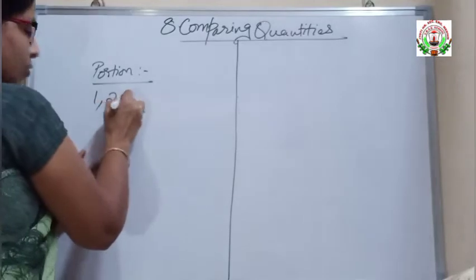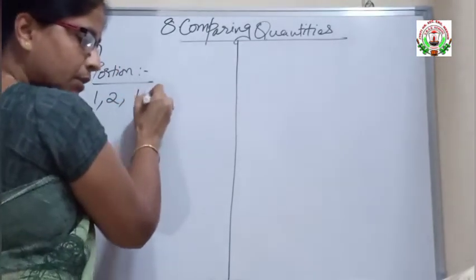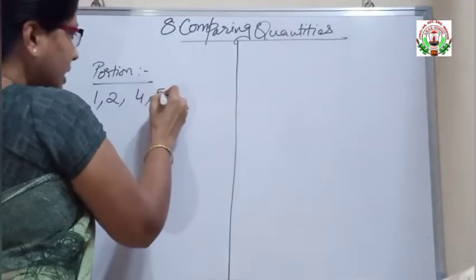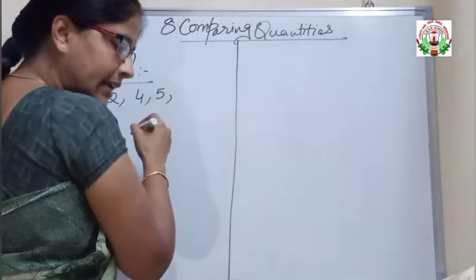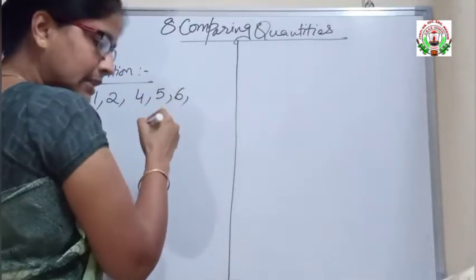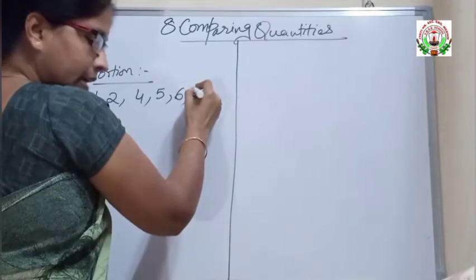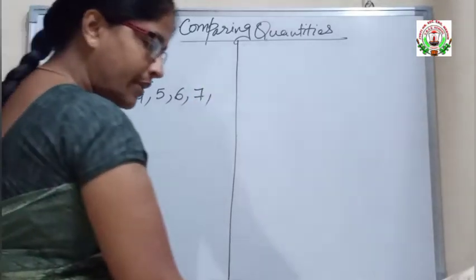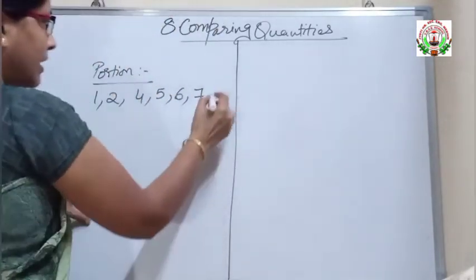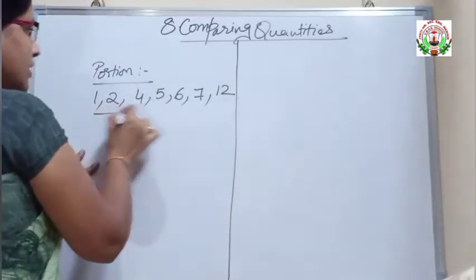Next, chapter number 2, that is fractions and decimals. Chapter number 4, simple equations. Chapter number 5, lines and angles. Next, chapter number 6, triangle and its properties. Next, chapter number 7, congruence of triangles. And next, it is chapter number 12, algebraic expressions.